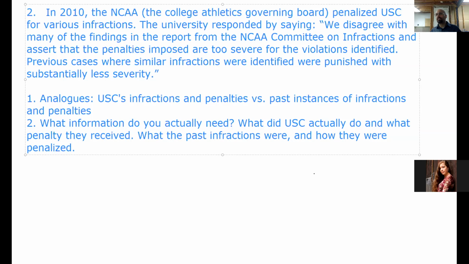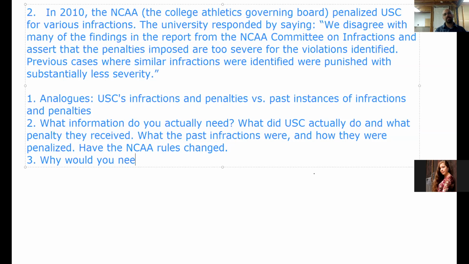A few people on the group assignments brought up a really good point: you'd need to know, have the NCAA bylaws changed? Indeed, that's very pertinent information. If rules change, you could expect perhaps different penalties for the same actions as a result of the change. So these are all the things you would need to know. Why would you need to know them? Because they directly pertain to whether or not USC's punishment was actually fair.